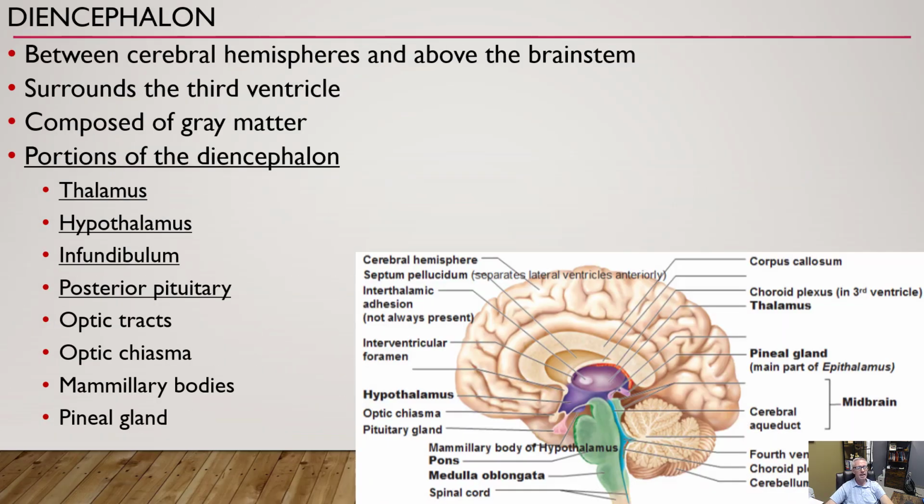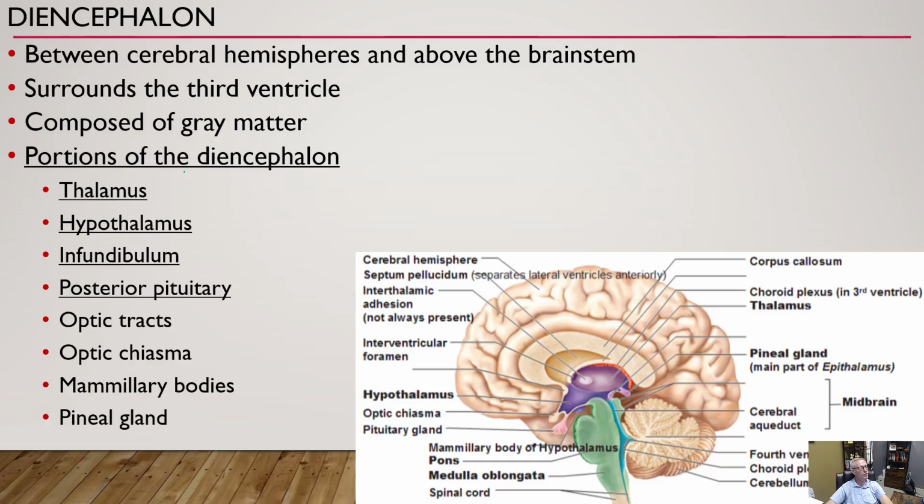All right, the diencephalon. Remember, that's between the cerebral hemispheres, and it's above the brainstem. It surrounds that third ventricle of the brain and has a lot of gray matter, so unmyelinated axons.